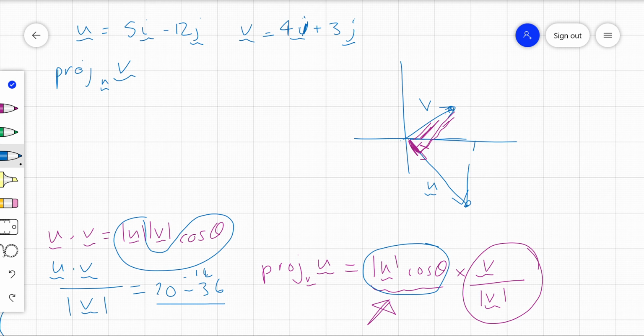We're dividing by the length of v, and you can see v's here, easy, 3, 4, 5, so that's going to be a 5 there. So I've got minus 16 on 5, but that's what I did wrong, because I was doing projection of u onto v.